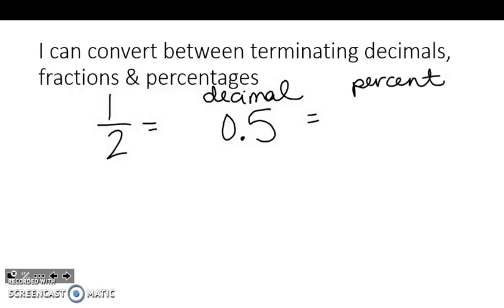Then we have to change that to a percent, okay? You're still going to move the decimal 2 places to the right. So I'm going to take this and move it 1, 2. If you have a blank spot, that gets filled in with a 0. So 0.5 is the same thing as 50%.